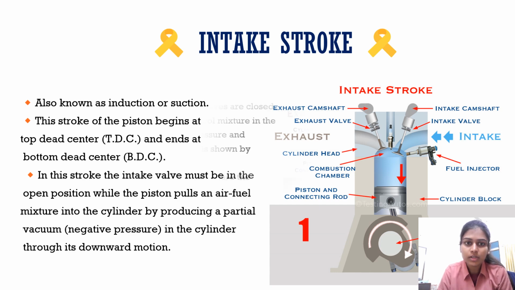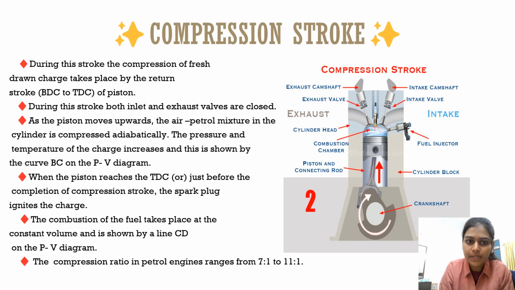The second stroke is compression stroke. During this stroke, the compression of the freshly drawn charge takes place by the return stroke of the piston from BDC to TDC. Both inlet and exhaust valves are closed. As the piston moves upwards, the air-petrol mixture in the cylinder is compressed adiabatically. The pressure and temperature of the charge increase, shown by the curve BC on the PV diagram.